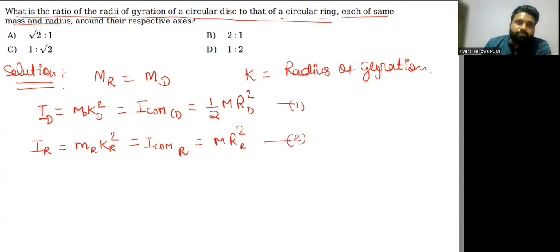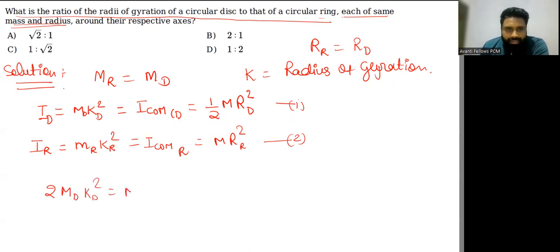Also, there is one information: mass and radius are both same. So radius of ring is equal to radius of disk. So you can take this as, it will become 1 by 2 of mass of disk K D square is equal to M R D square. This is equation number 3.